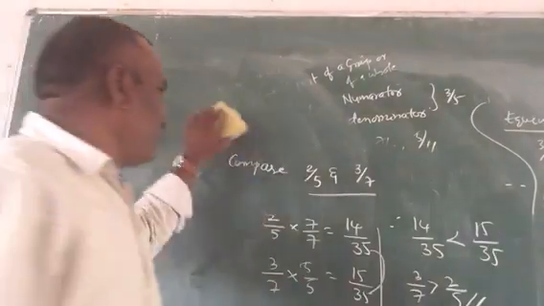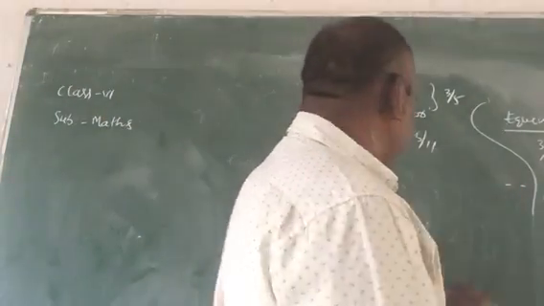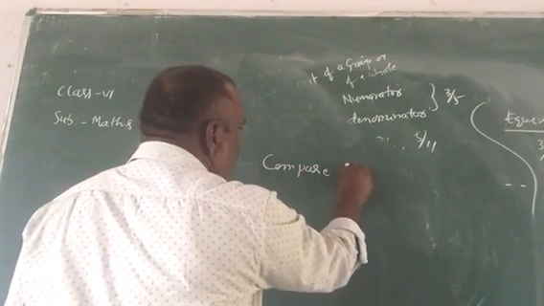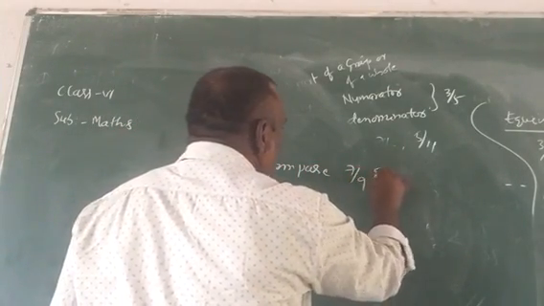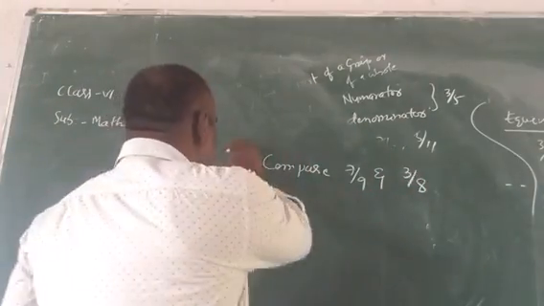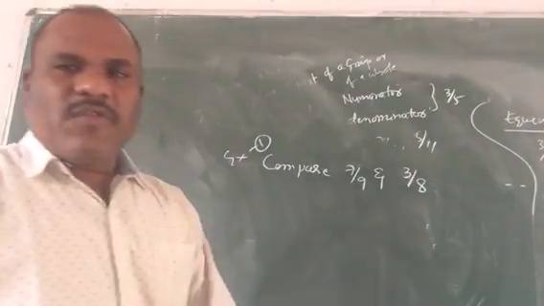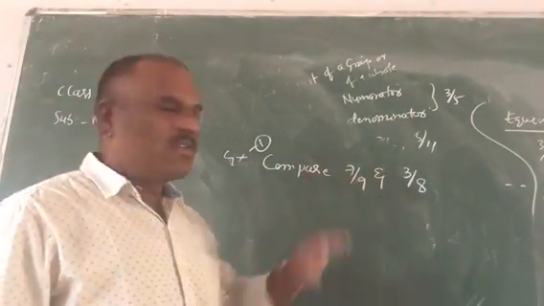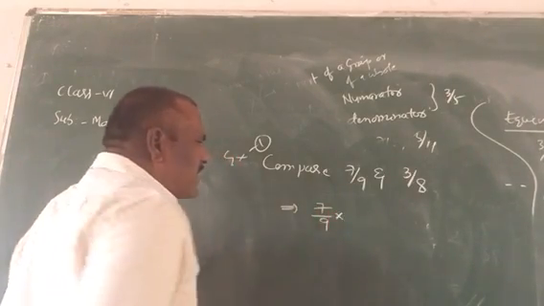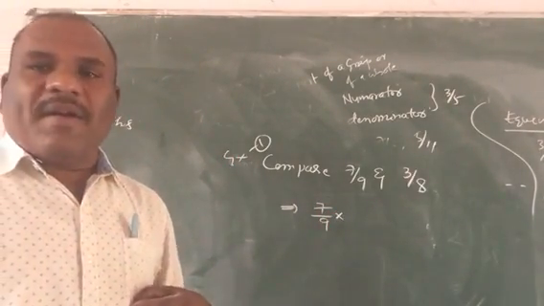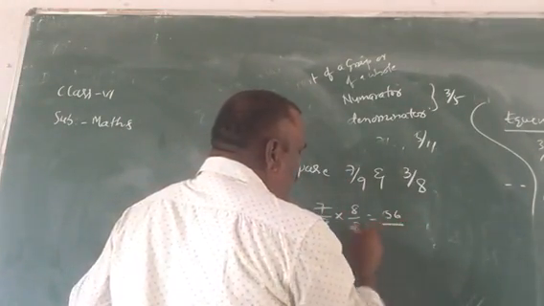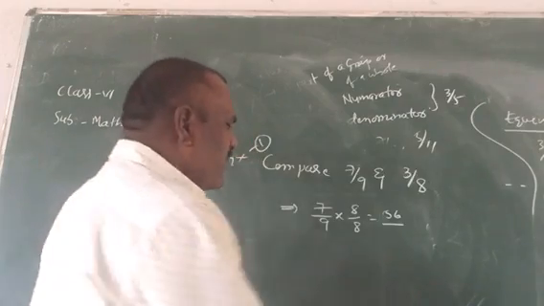One more example I will tell you. Compare 7 by 9 and 3 by 8. Between these two fractions, which fraction is greater and which is smaller? For that, first, 7 by 9, we multiply the first fraction with the denominator of the second fraction, that is 8 by 8, equal to 56 by 72.